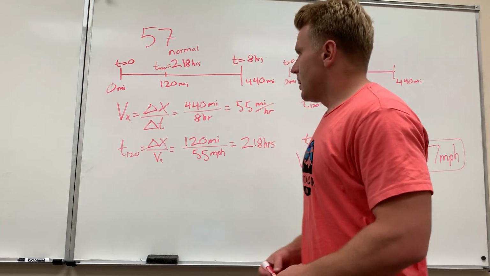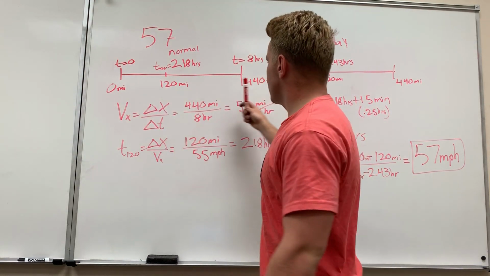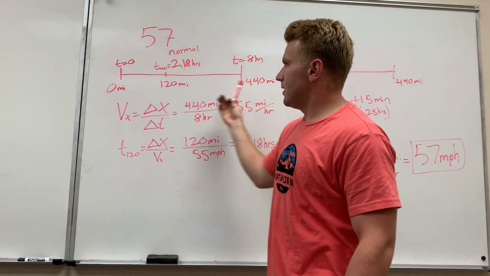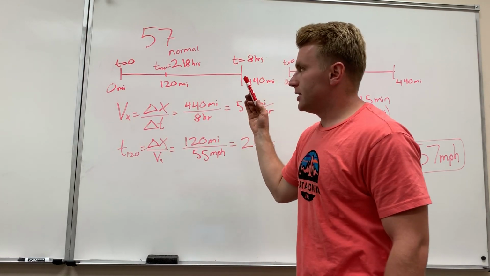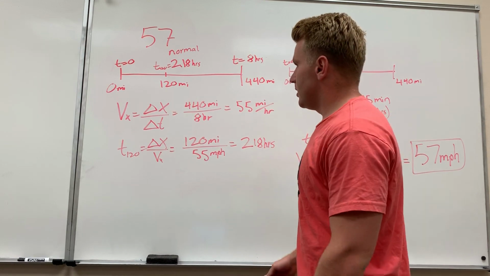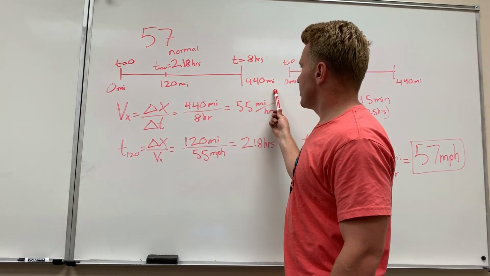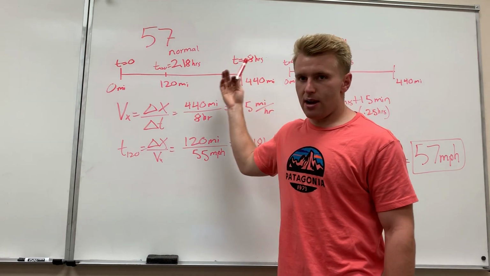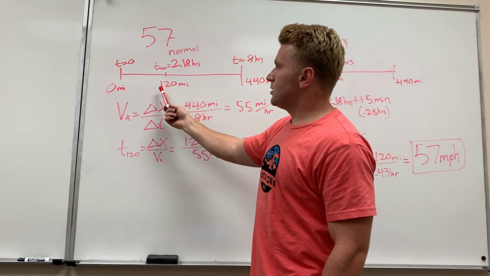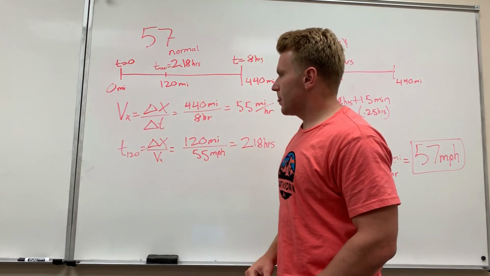So here we have the distance from where he starts to where he should end. In this, we're going to talk about his normal route and the normal time that he would usually take on a trip. So to go from 0 miles to 444 miles, normally in 8 hours, to get to 120 miles, we use these equations.